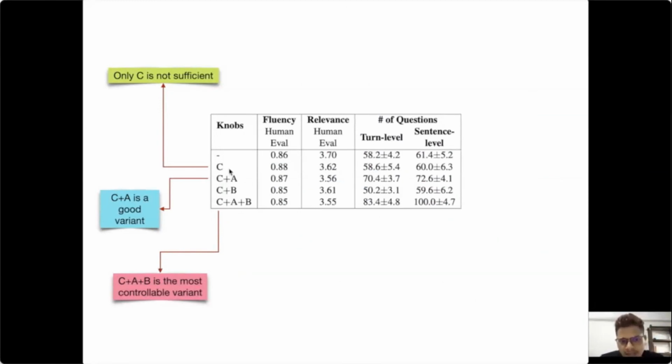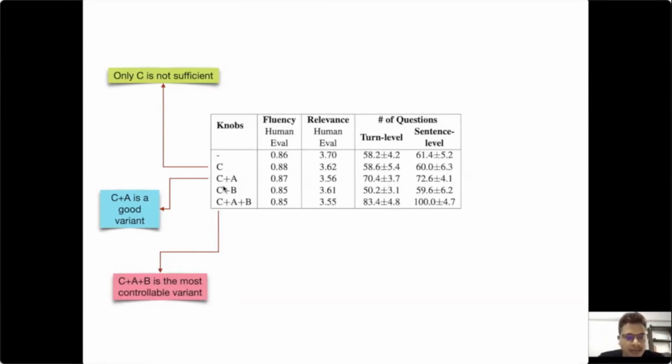And this kind of aligns to the literature where zero-shot conditioning on controls basically works in very large models like GPT-3, but it hasn't worked in smaller models. And similarly, in our work also, we see the same trend where these are results over the BART base model, which is a fairly small model compared to GPT-3.